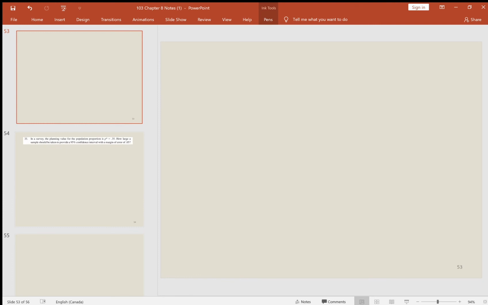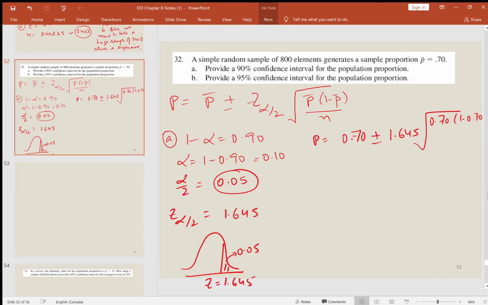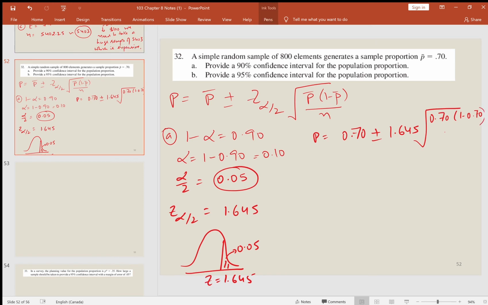Where did I go? Let me just go back to the previous slide here. Okay, here we are. Divided by the sample size n, which is 800.